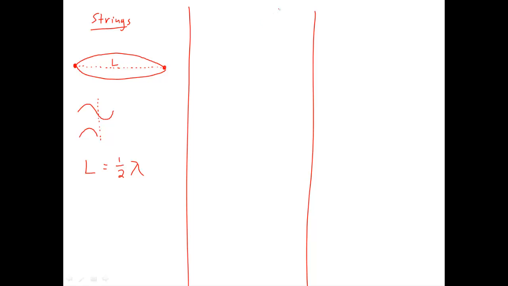The next type of music producing object we're going to look at is a column of air. And actually both of these are going to be columns of air, but with one key difference.